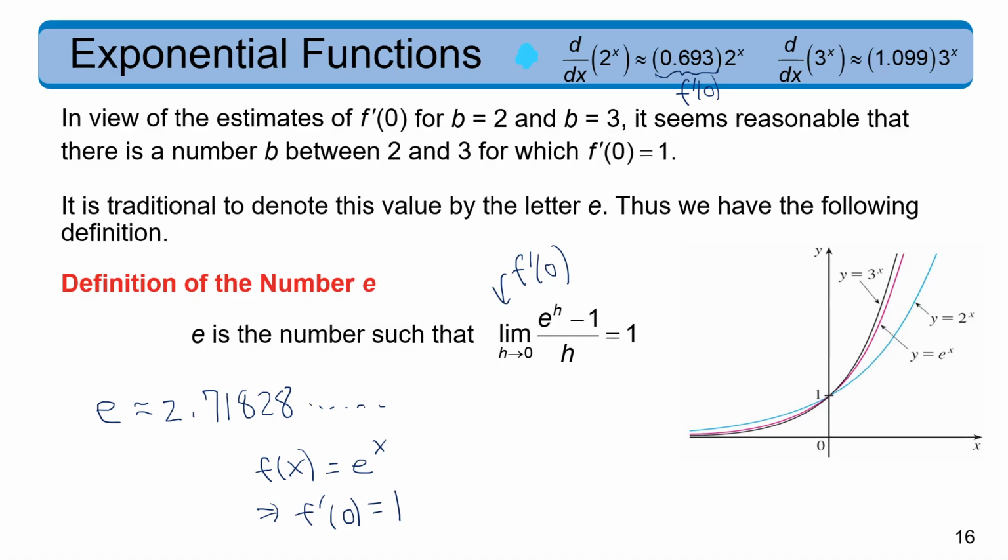And so our main conclusion, which we'll put on a future slide, is that the derivative of e to the x, instead of 2 to the x, would equal 1 times e to the x. So that's going to be an important rule. We'll write that as its own formula on a future slide.